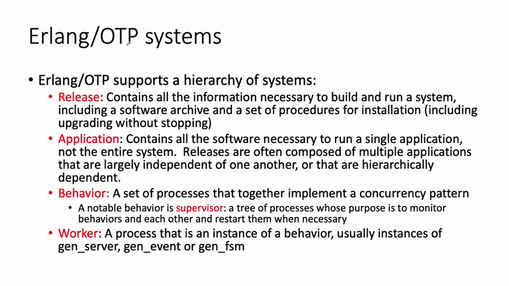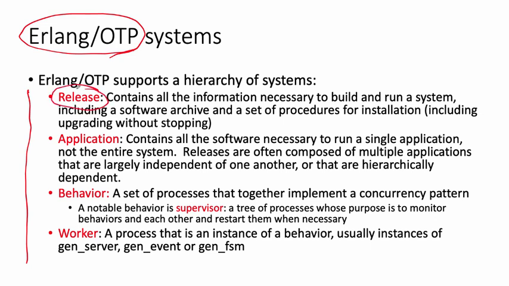So in an Erlang system, the platform is called OTP. And OTP supports a hierarchy. When I'm building a big system, there are different kinds of systems. The main system is called a release.